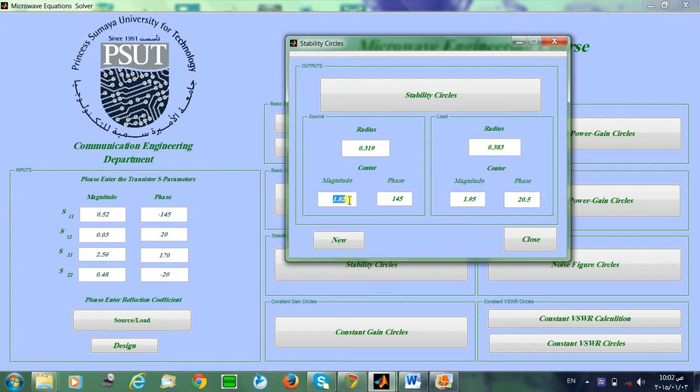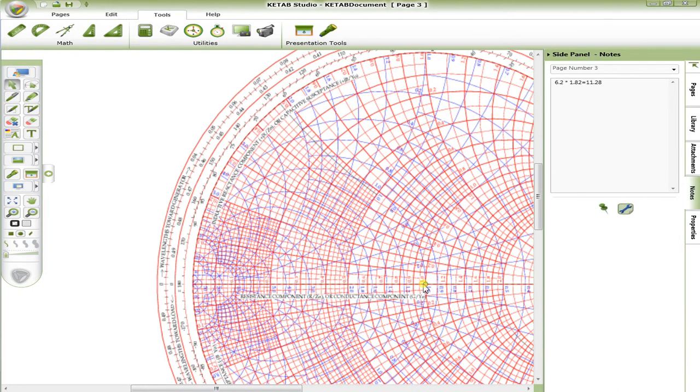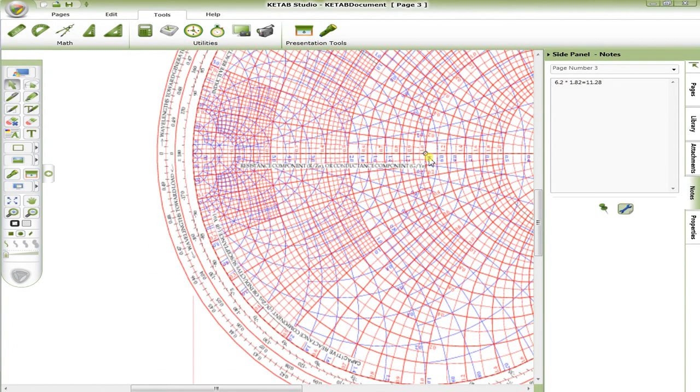We have the magnitude of 1.82, so we go to the Smith chart. But since 1.82 is larger than 1, which is the scale of the reflection coefficient, from 0 to 1, we multiply 1.82 by the length of the scale.